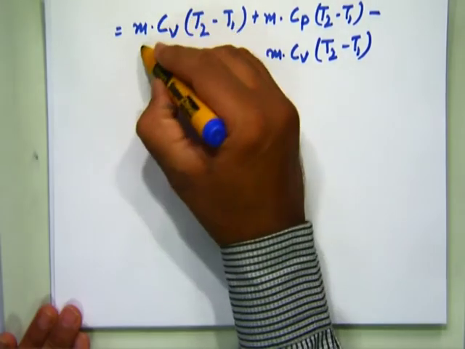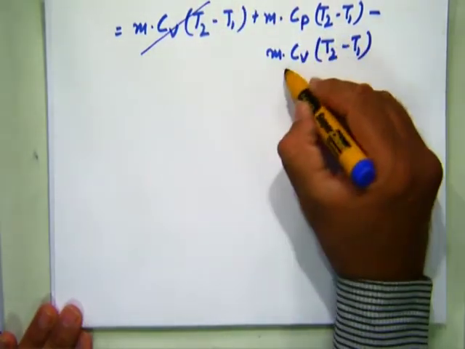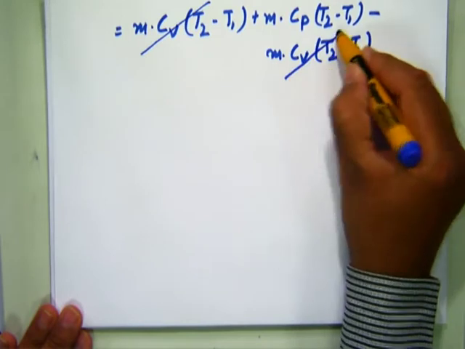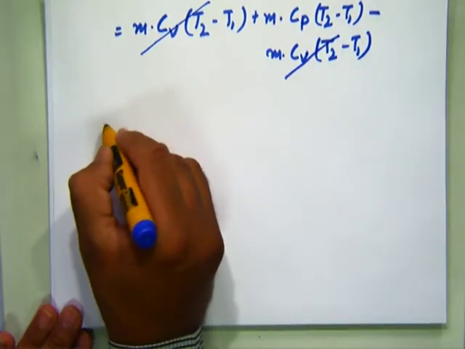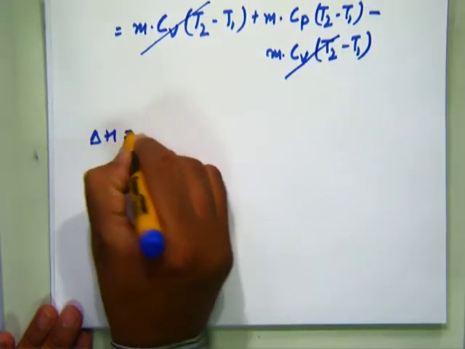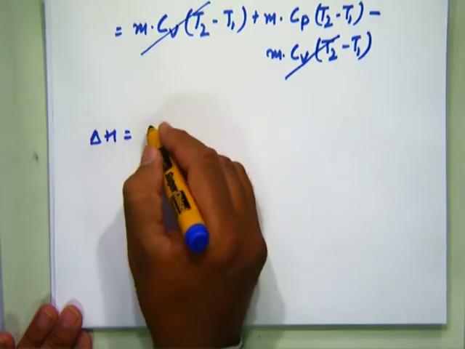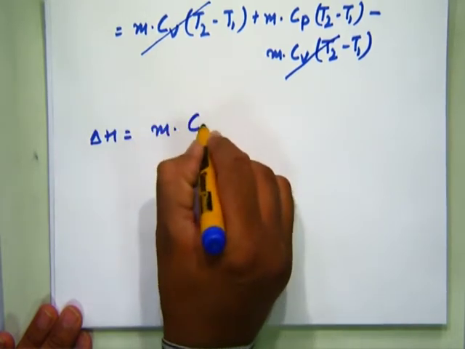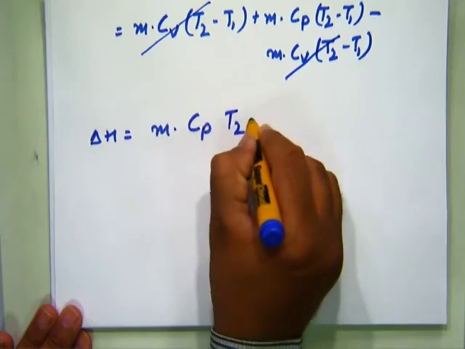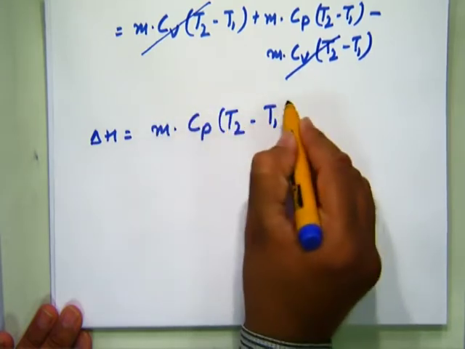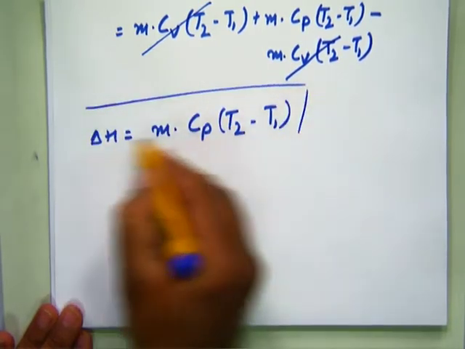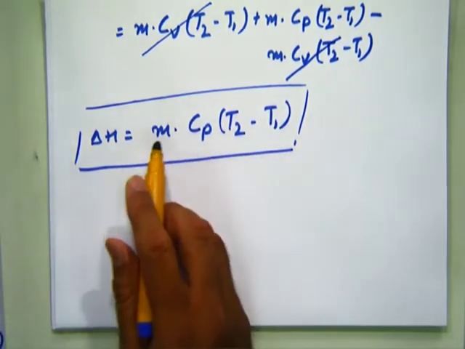So mCv (T2 minus T1) and minus mCv (T2 minus T1) cancel out. So the change in enthalpy delta H is equal to mCp (T2 minus T1).